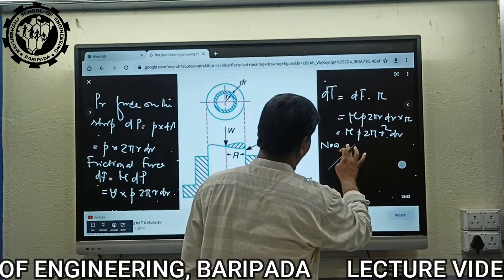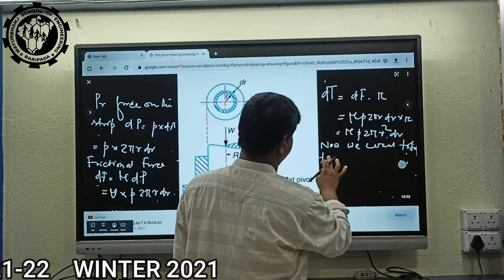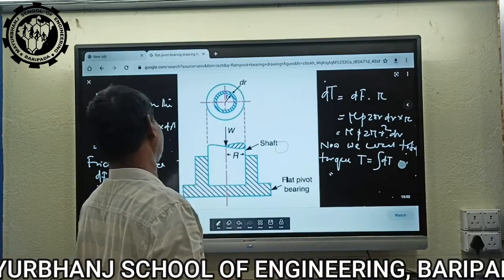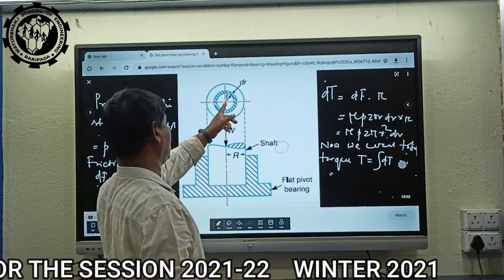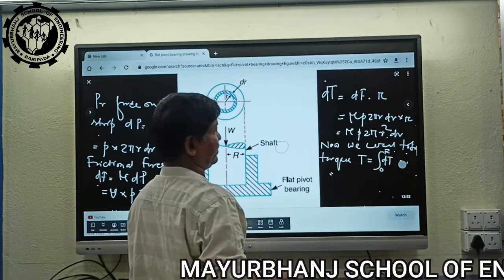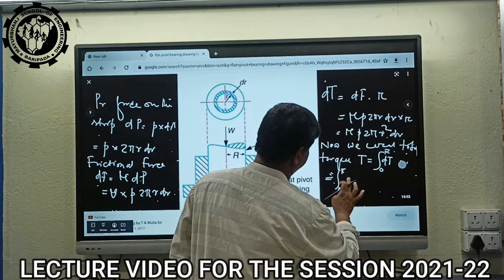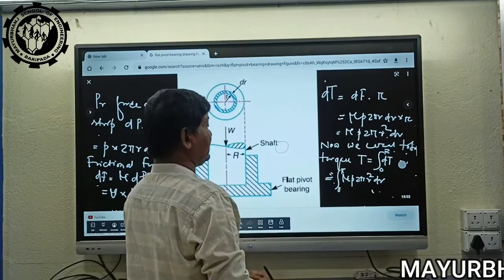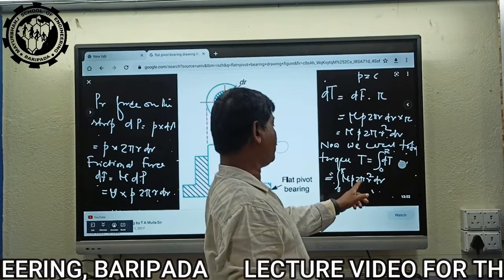Now we want the total torque. T is equal to the integration of dT over the whole section, the total torque lost in friction, with limits from 0 to capital R. Putting the value of dT, the integration from 0 to R of mu P 2 pi r square dr. Mu is constant, P is constant because pressure P is equal to a constant, so 2 pi is also constant.